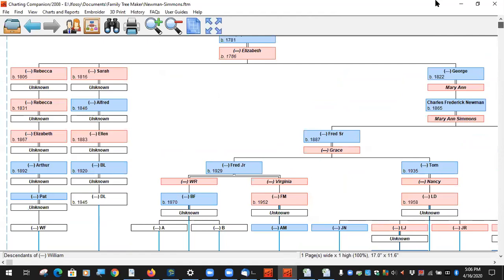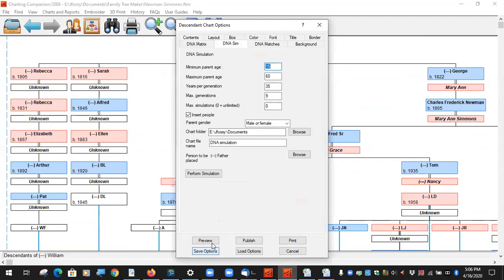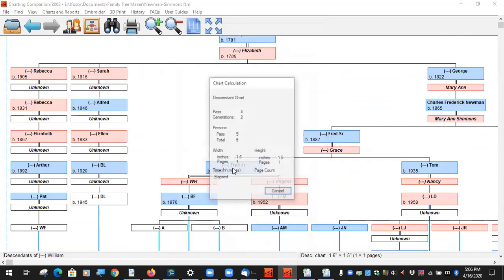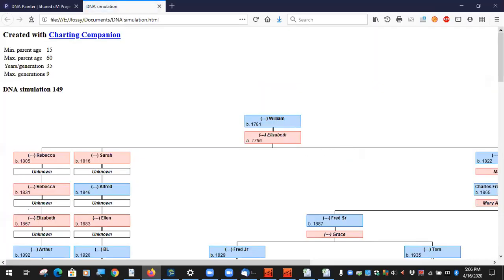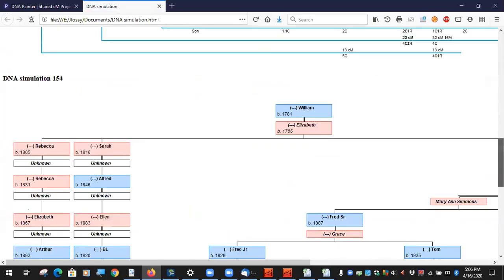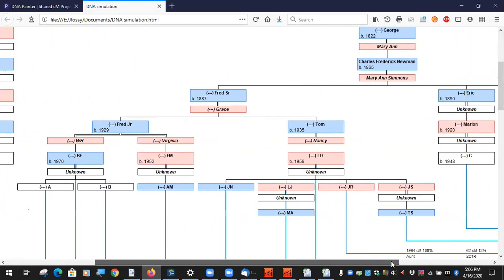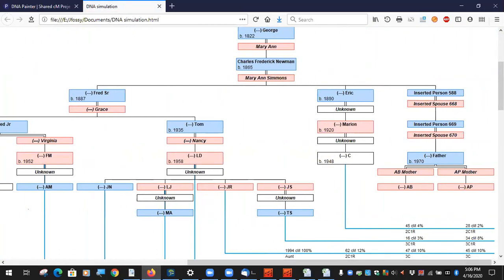Oh, whoops. I forgot to tell it to actually perform this. I just hit preview. I told it not to perform the simulation.